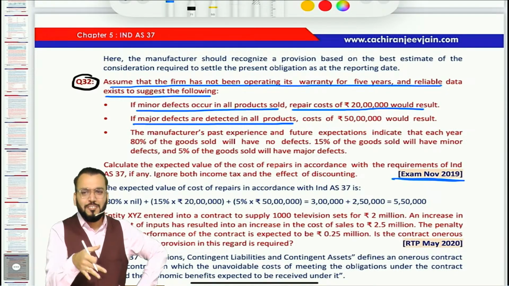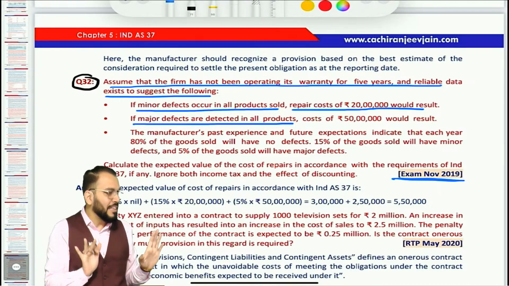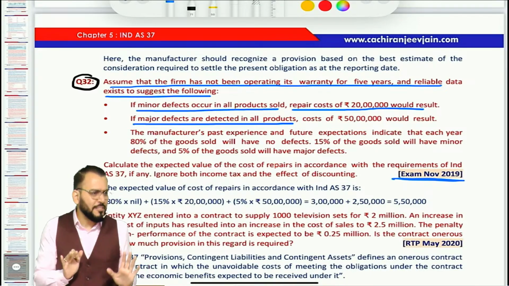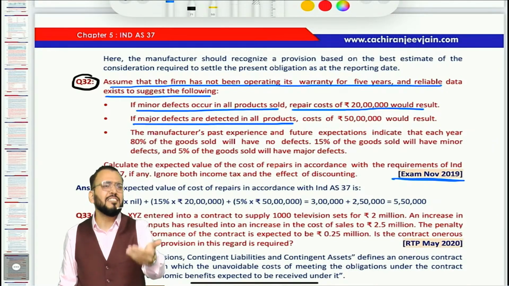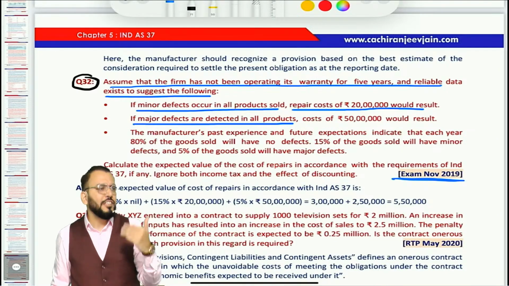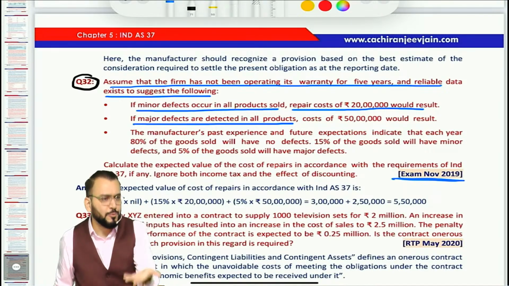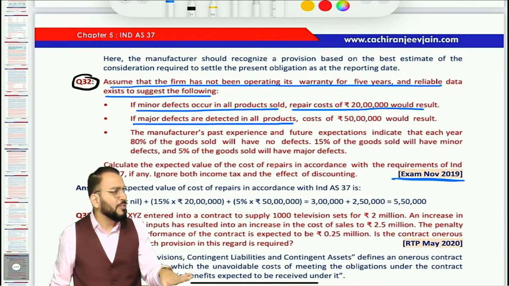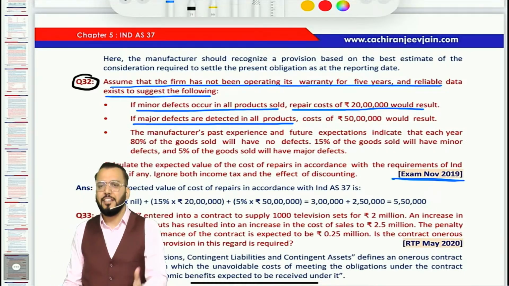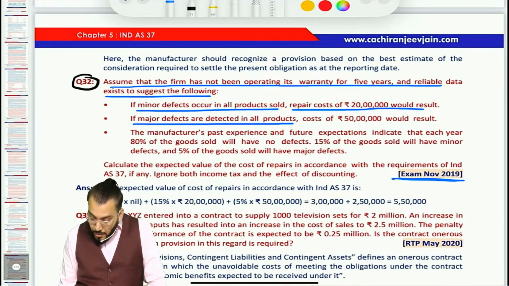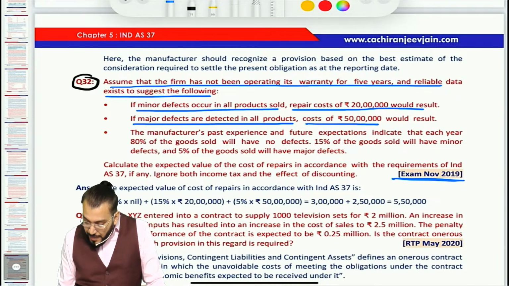I am not supposed to explain warranty in CA Final class. Whenever we do some sale there is some warranty obligation, which requires some outflow of resources. So for that we need to create provision if all the 3 conditions are satisfied. Normally all the 3 conditions will be satisfied. So for major defect cost will be 50 lakh.